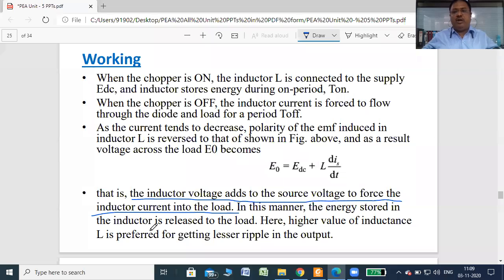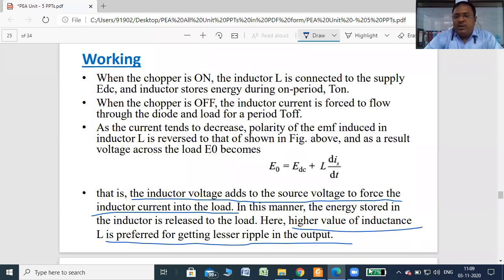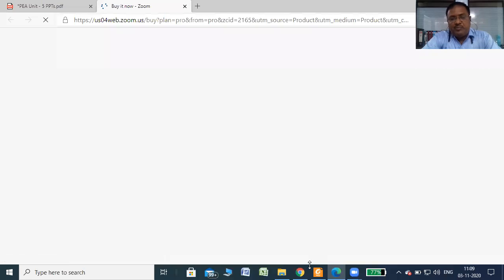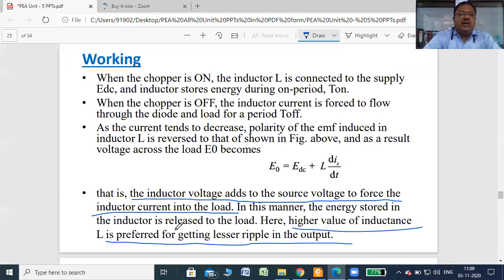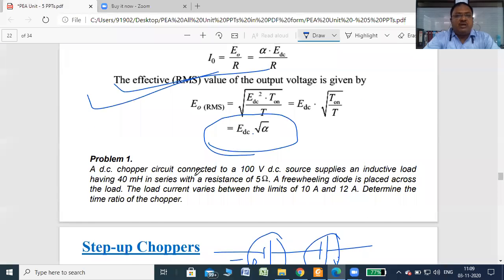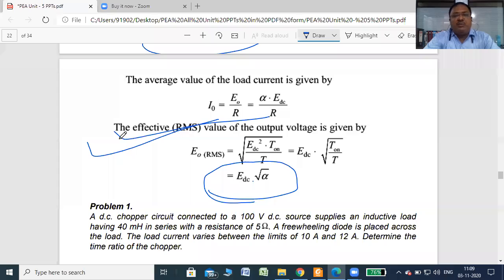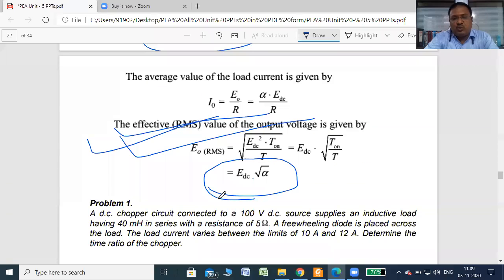Here, a higher value of inductance is most important. A higher value of inductance L is preferred to get lesser ripple, because, as I already told you, the inductor and switching action produce some ripple components, that is AC components, and we have already seen that this is called the effective RMS value of output voltage, calculated with the help of EDC into root alpha.